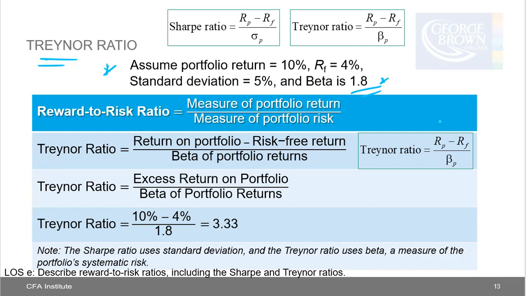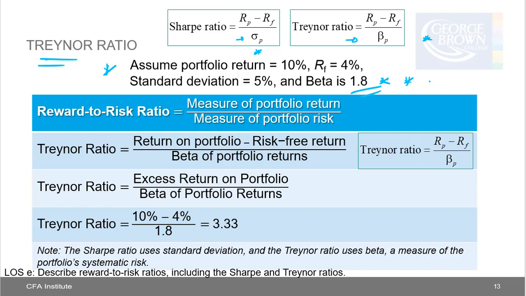So you can see the numerator is the same in the Sharpe ratio and the Treynor ratio, which is the return to the portfolio minus the risk-free rate. But in the Sharpe ratio, the denominator is the standard deviation of the portfolio, whereas in the Treynor ratio, the denominator, the risk measure, is the beta of the portfolio. In this portfolio, the beta is 1.8.